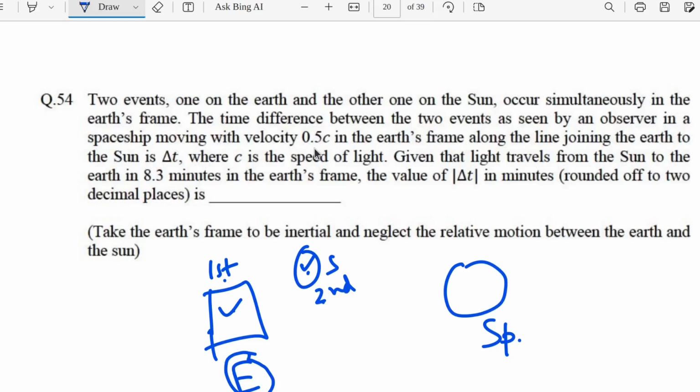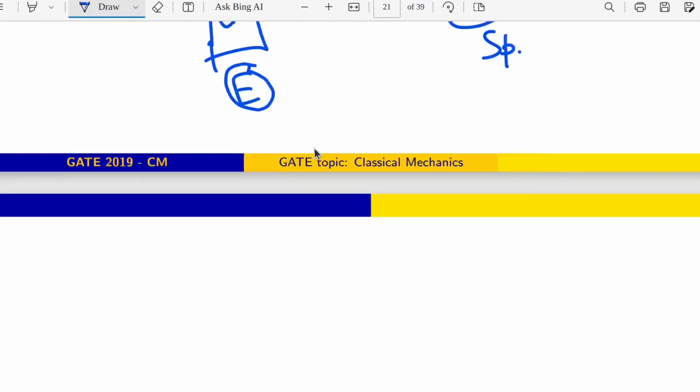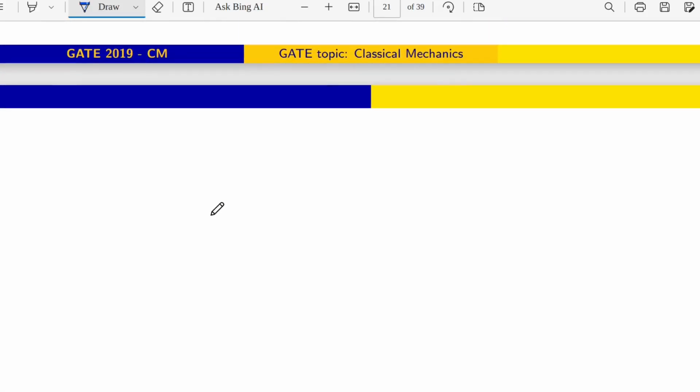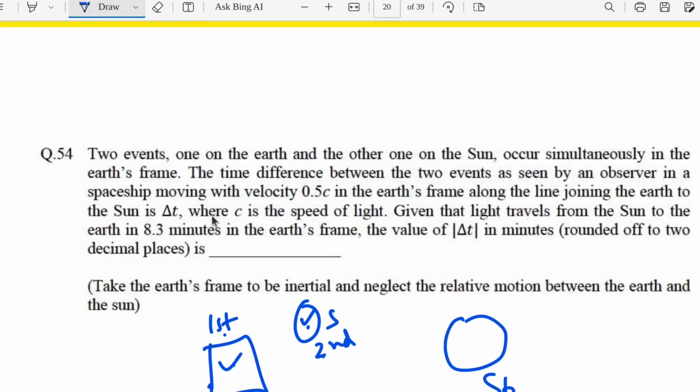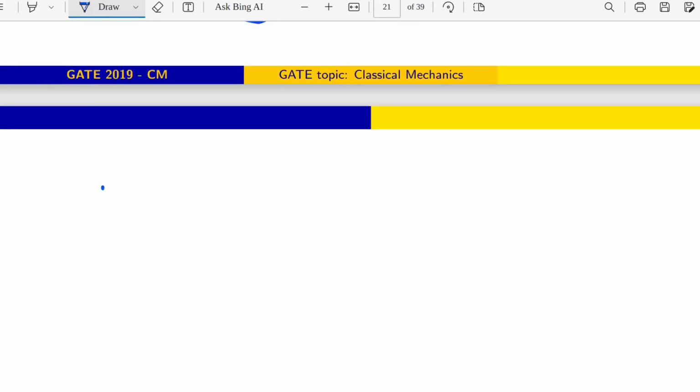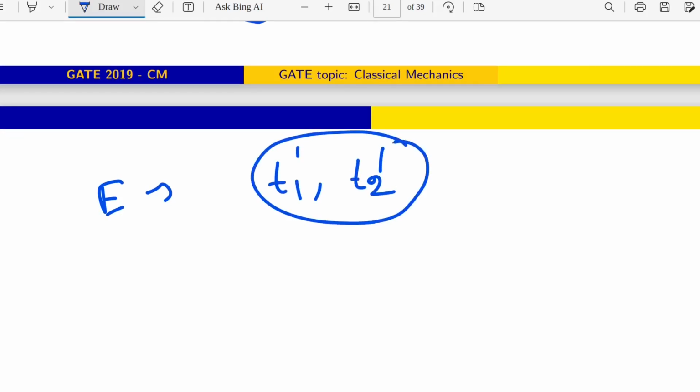Now let me first write all the given quantities. In the earth's frame, with times T1 prime and T2 prime, these two events are simultaneous.